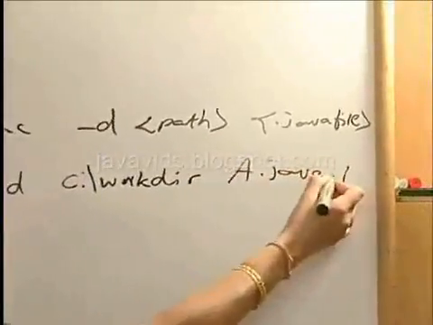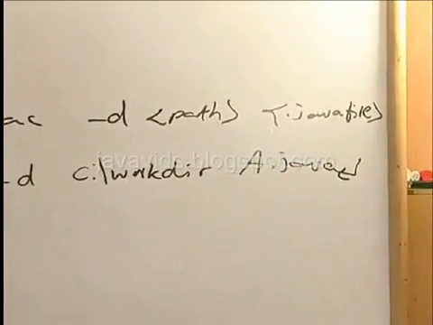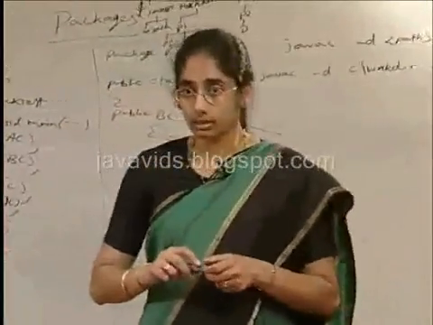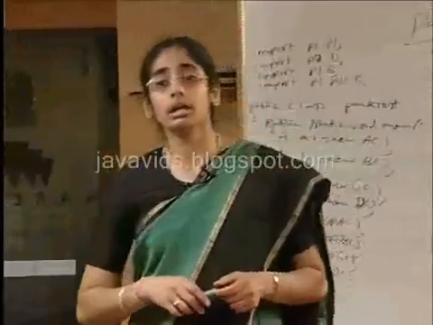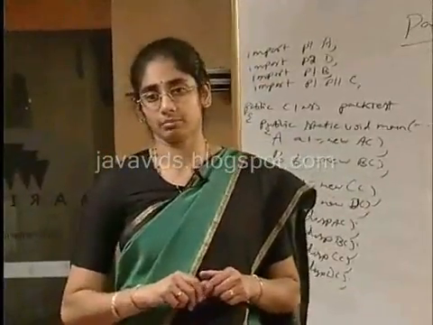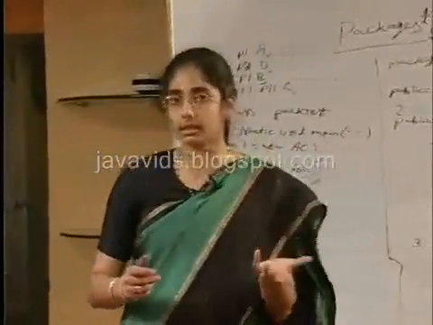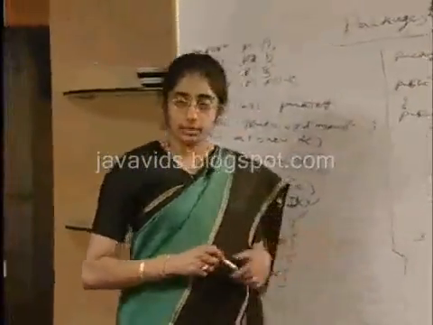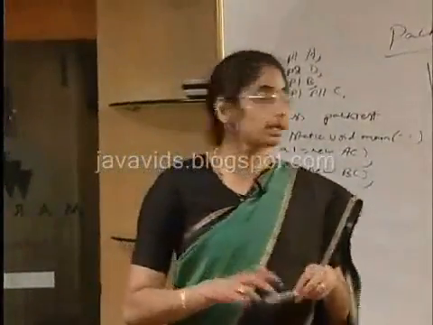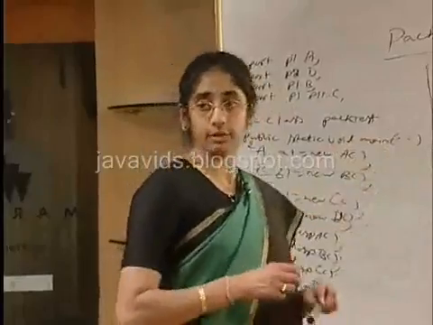the a.java file. So now what happens is, the javac command checks whether under work directory there already exists a P1 directory. So you might have created a P1 directory yourself manually. So javac will check whether the P1 directory already exists under the path specified.